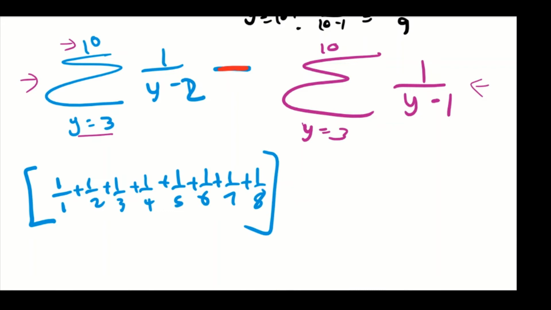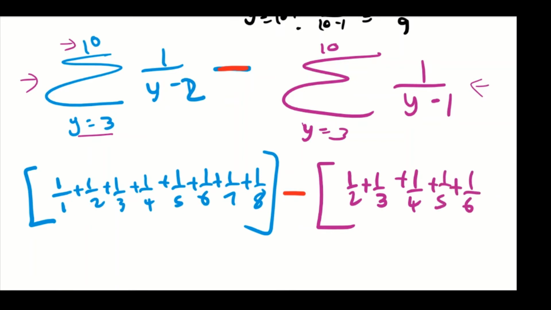So these are all the terms that we found. And then it subtracts these terms here for this sum here. So it started at 1 over 2 plus 1 over 3 plus 1 over 4 plus 1 over 5 plus 1 over 6 plus 1 over 7 plus 1 over 8 plus 1 over 9.